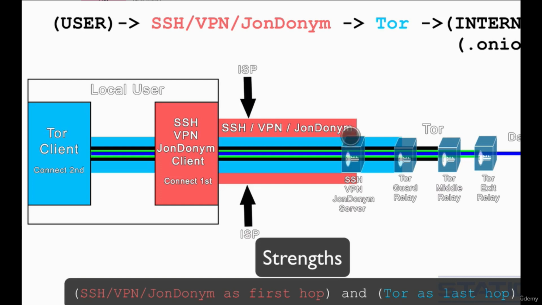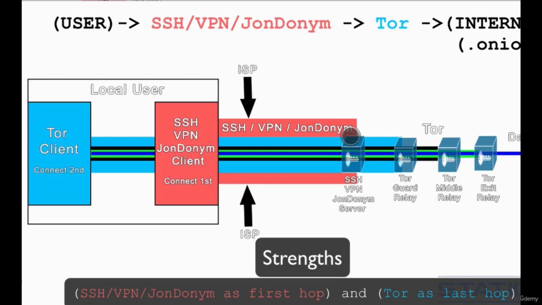They can make a DNS attack, and the SSH, VPN, and Jondonym client reaches correctly with the help of DNS, and it can kill the connection over SSH, VPN, or any of these layers like the Tor guard relay and Tor middle relay. And lastly, the VPN provides SSH or VPN Jondonym.